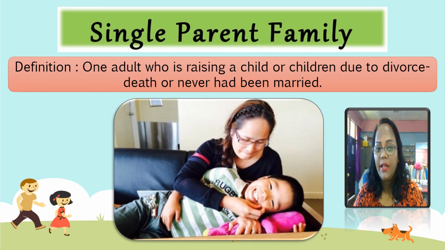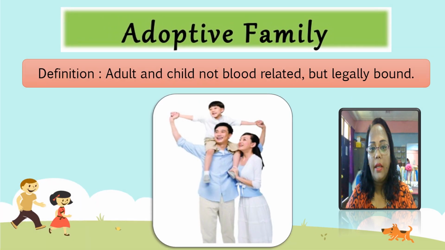The definition is one adult, whether male or female, who's raising a child or children due to divorce, death, or never having been married before. Okay? Adoptive family. An adult and child who are not blood related but legally bound. The adult may adopt the child at a young age or at an older age.